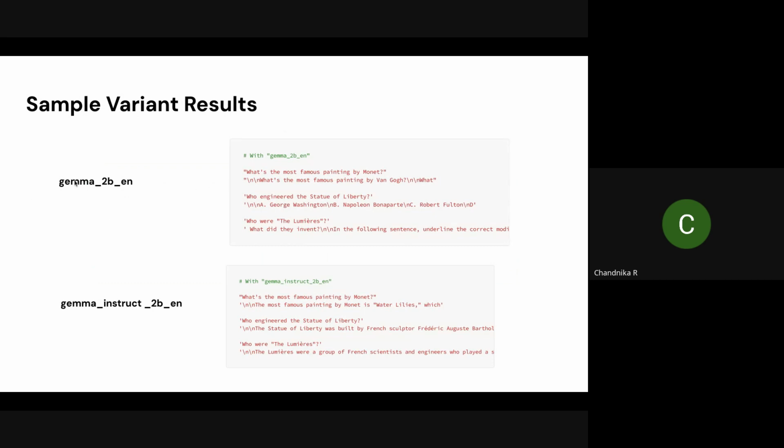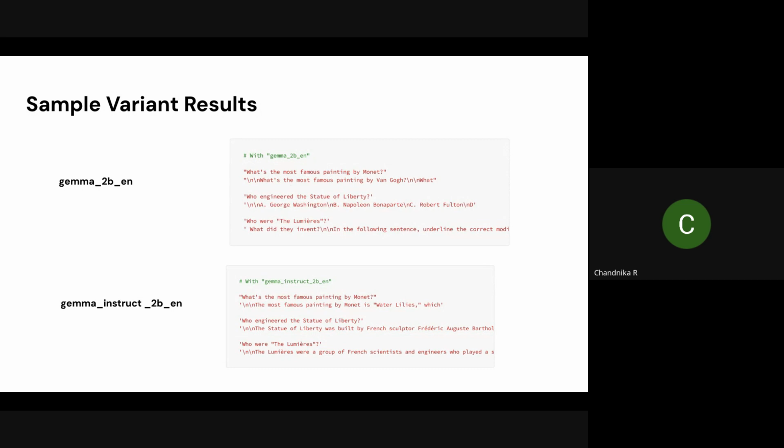What do I mean by pre-trained version and fine-tuned version? The pre-trained version has been trained to understand the training data and to generate text. For example, when I ask a question like, what's the most famous painting by Monet? This is the output that we get. This is not the response that we're expecting, but this is the core capability of the model.